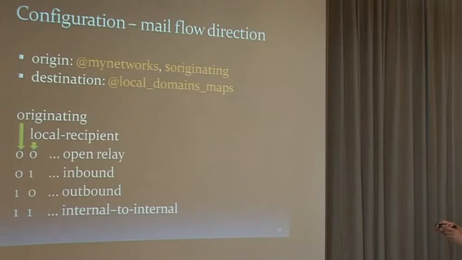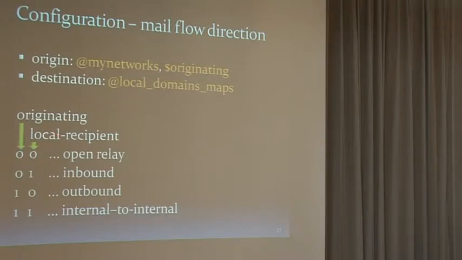So this is a chart which I like to show every now and then. There are two bits here. One says mail is originating from our site, from our users. That either means authenticated users or internal networks.